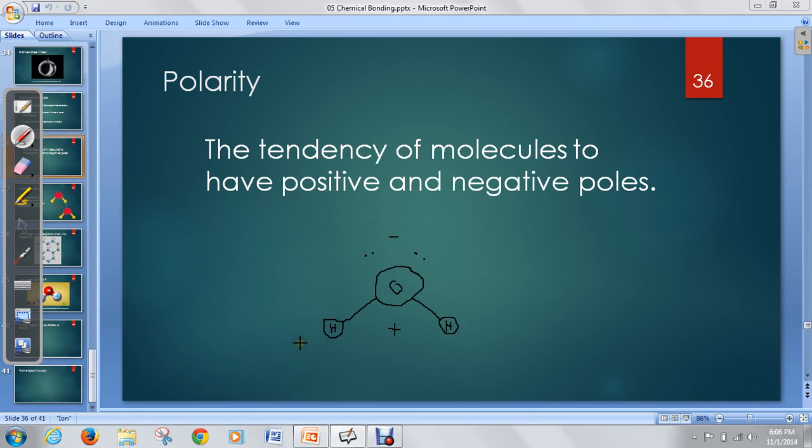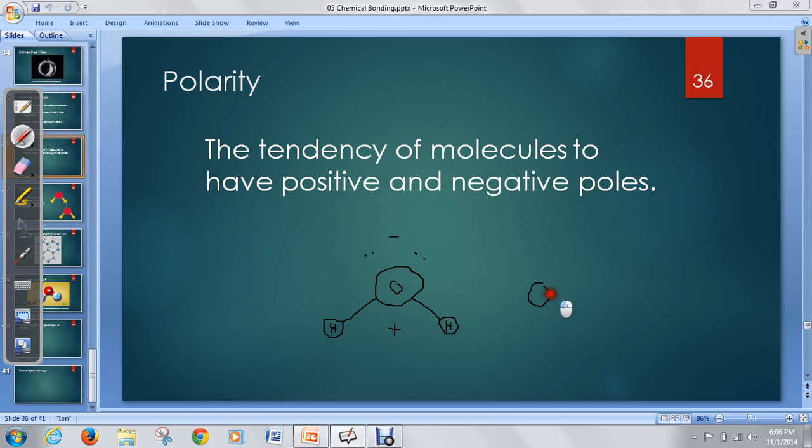So we have this nature of the molecule so that it's not symmetric in shape or charge, and we call it a polar molecule. That's polarity: this difference in charges on a molecule because of where the electrons are hanging out. Basically, that's what you would say. And so that's a polar molecule.